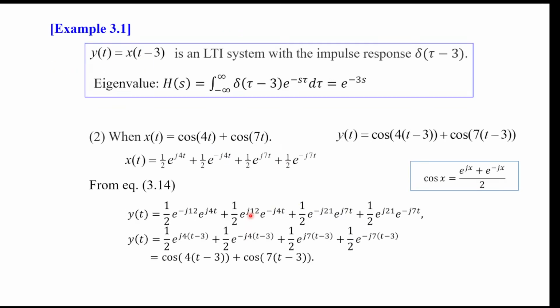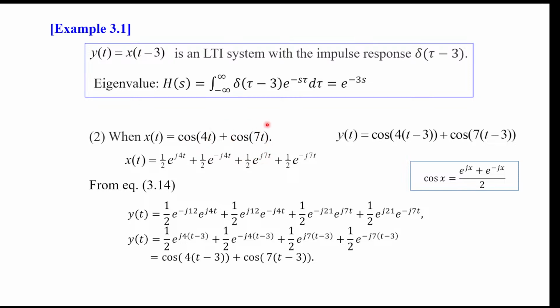We can go back to our very simple system example: y of t equals x of t minus 3, and we calculated that H of s equals e to the minus 3s. Now we can have a funny input: x of t equals cosine 4t plus cosine 7t.